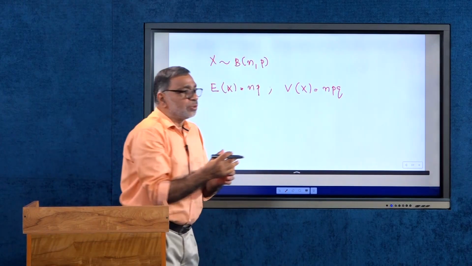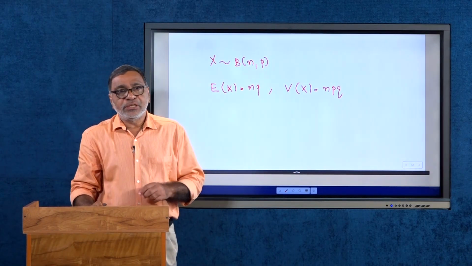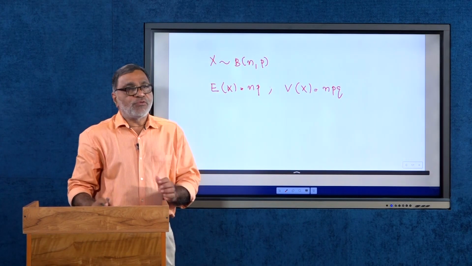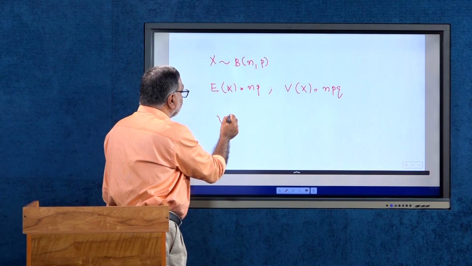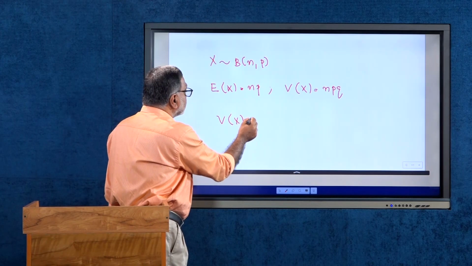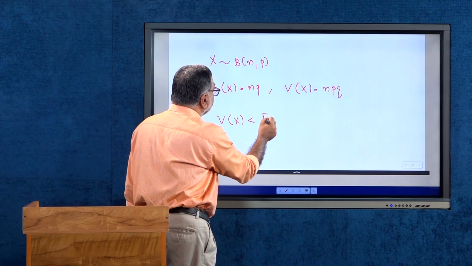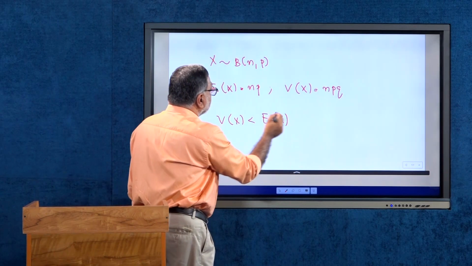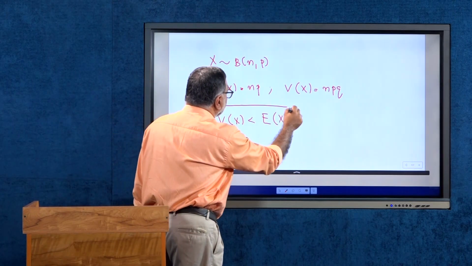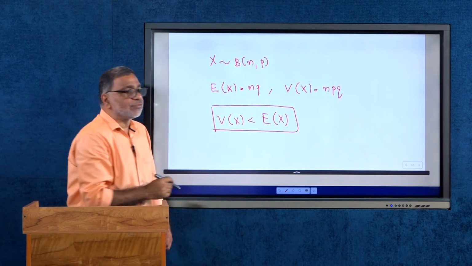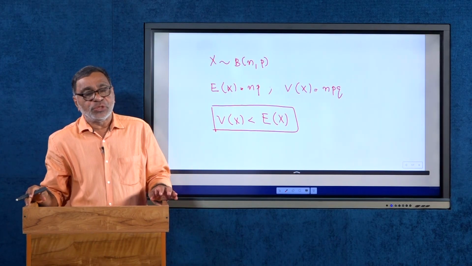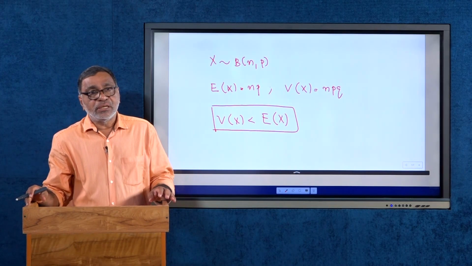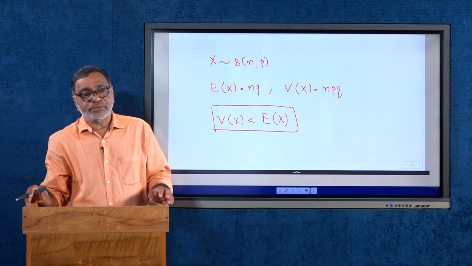From these two expressions, it is very evident that for a binomial distribution, variance is less than the mean. So, this is one of the properties of the binomial distribution, that is, variance of x is less than expectation of x.